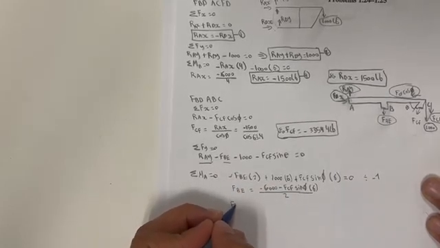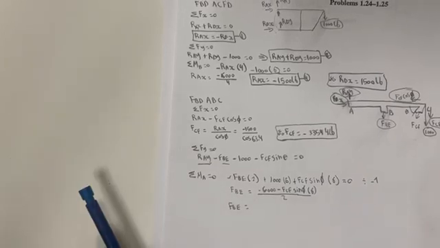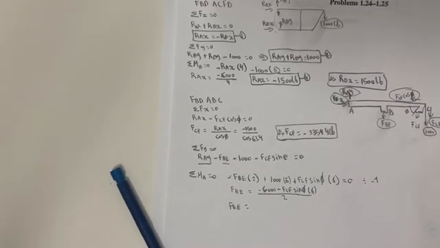So FBE, let's calculate it: negative 6000 minus negative 3354 sine phi, phi was 63.4, multiplied by 6 divided by 2.